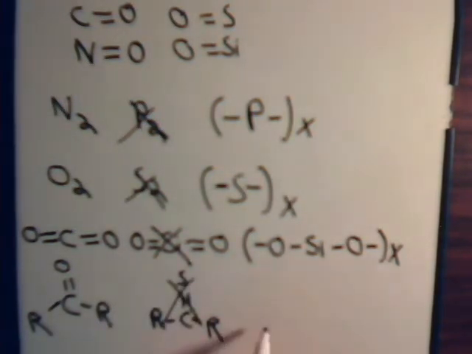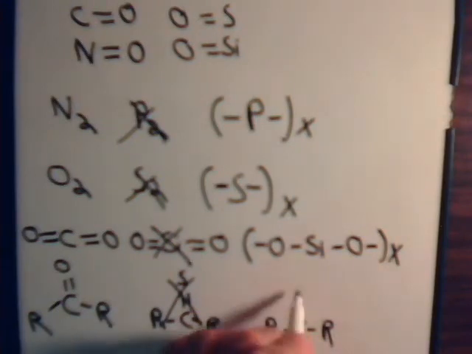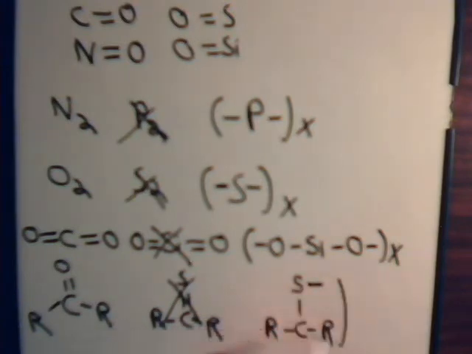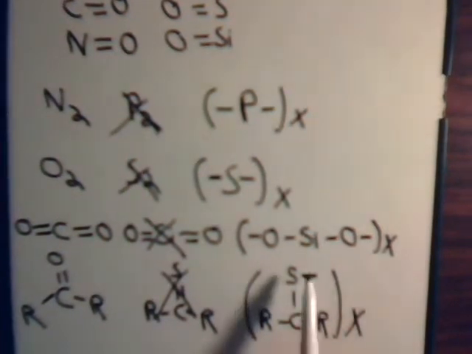Instead, what you are likely to see is a single bond here and a single bond on this side. So again, you can have a bunch of these linking together. And again, it's all predicated upon the phenomenon that mismatch of pi orbitals makes for weak double bonds, or the pi bond is considerably weaker.